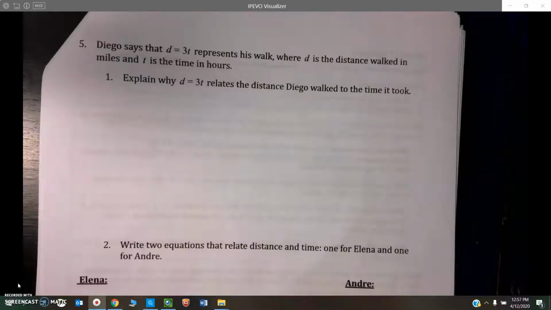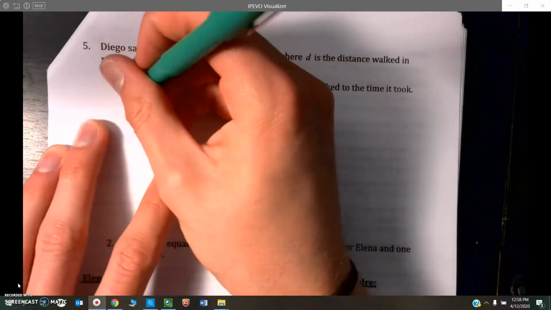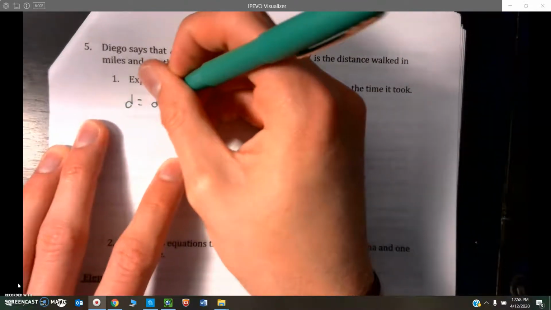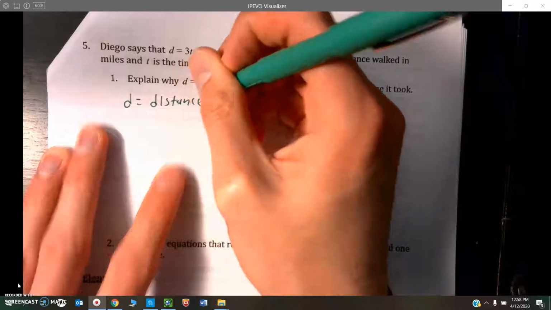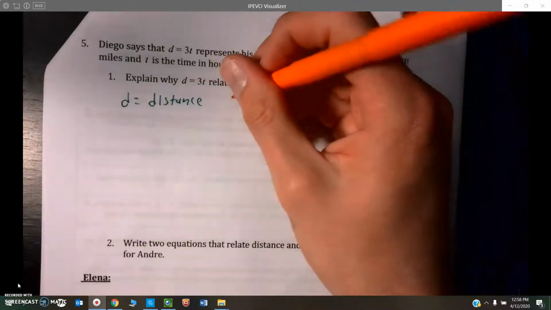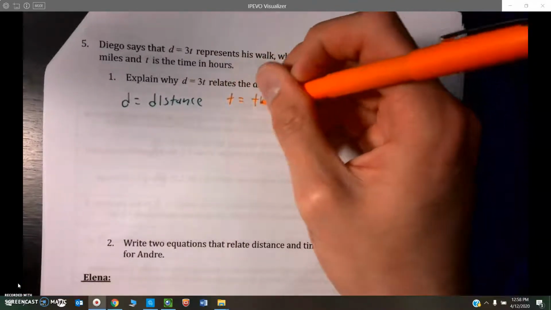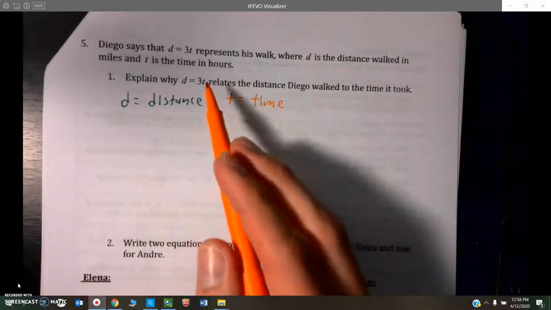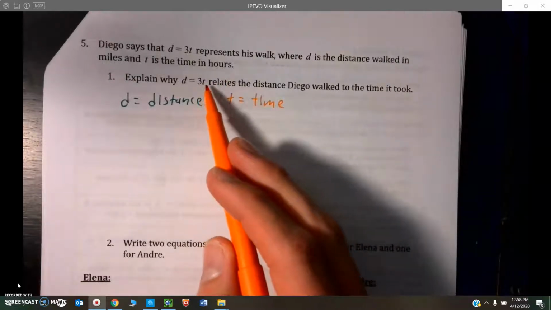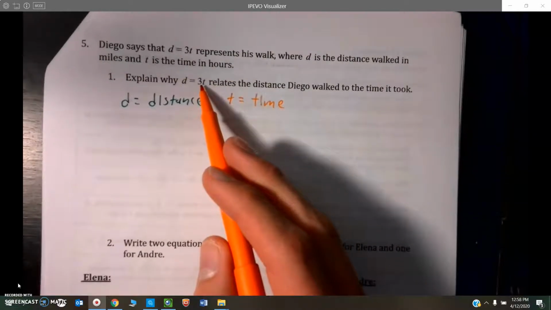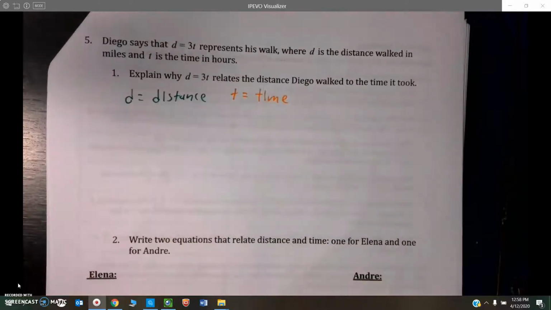Explain why D equals 3t relates the distance Diego walked to the time it took. Okay, so once again, I'm going to just pull out that D is the distance and t is the time.